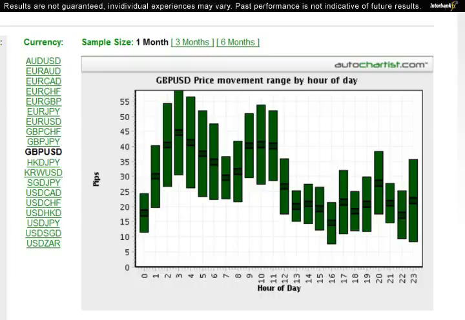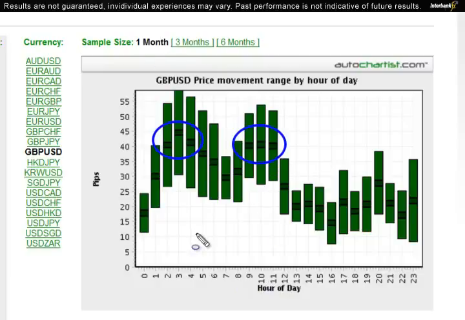So notice here that not only do we have an increase that occurs, in this case, again, on the British pound US dollar, we have that increase that occurs with the hours between 2, 3, and 4 o'clock. And then again, we see it pronounced really again between 9, 10, and 11 o'clock. This is the last 1 month.